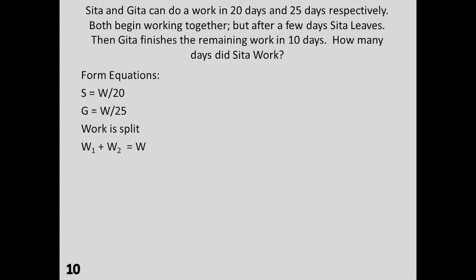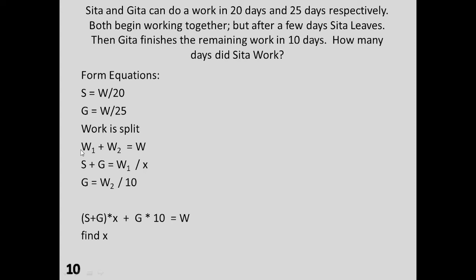So for W1, we can write the equation: Sita and Geeta have completed work W1 in X number of days. Geeta has done W2 in 10 days. Now we can combine these three equations into one equation by substituting the values of W1 and W2 in the first equation. Now we have to find X. Now there is a note here.